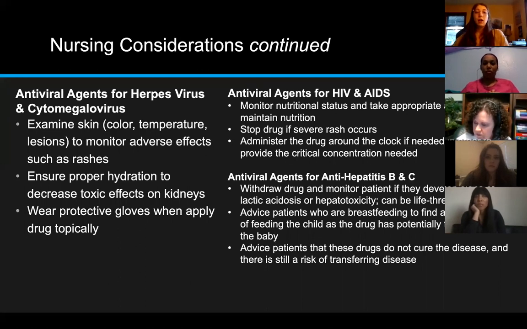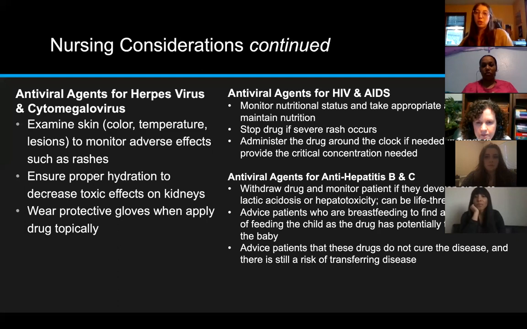For antiviral agents for anti-hepatitis B and C, a very important nursing consideration is to withdraw the drug and monitor the patient if they develop any signs of lactic acidosis. Lactic acidosis is when the body's not getting enough oxygen in the muscles to break down glucose.